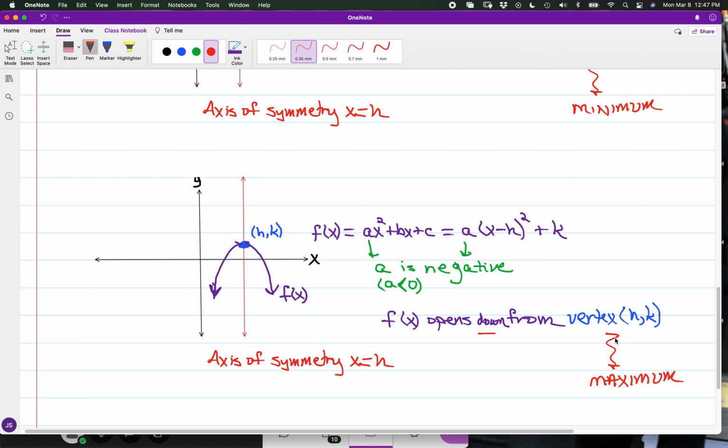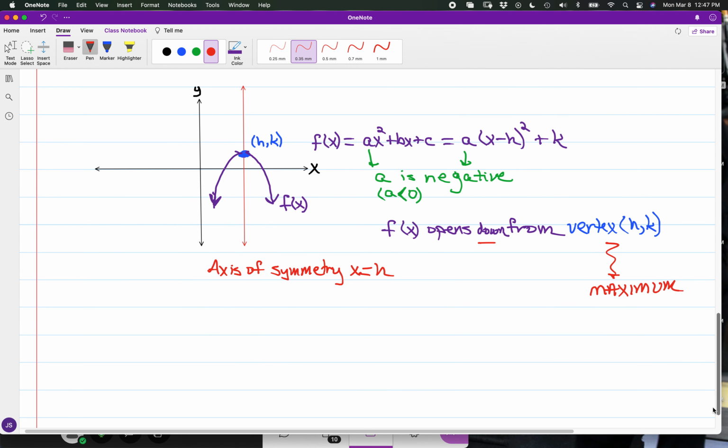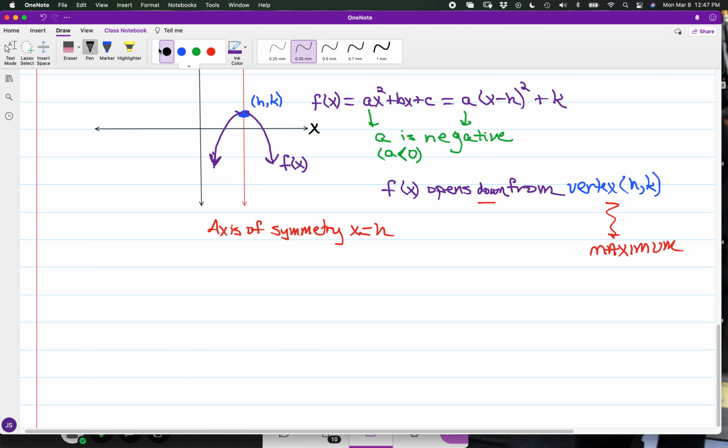All right, now some early parts of the mechanics involved in the features of a quadratic function.